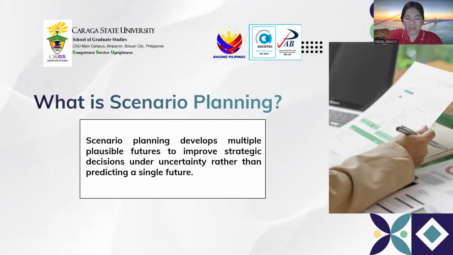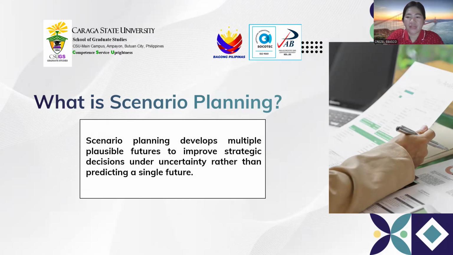What is scenario planning? Scenario planning develops multiple plausible futures to improve strategic decisions under uncertainty rather than predicting a single future. Scenario planning differs from forecasting because it does not attempt to predict one future.